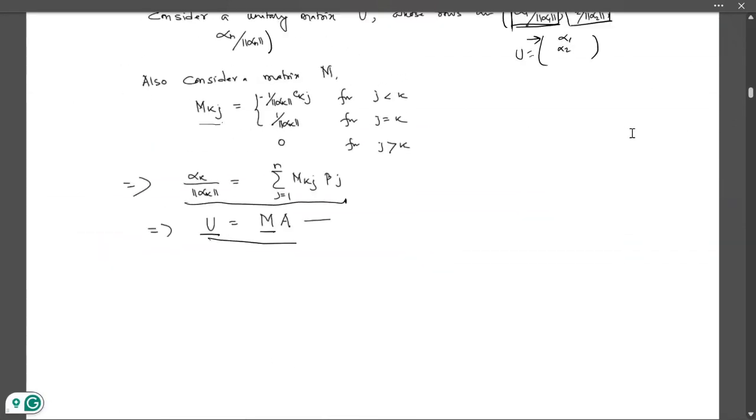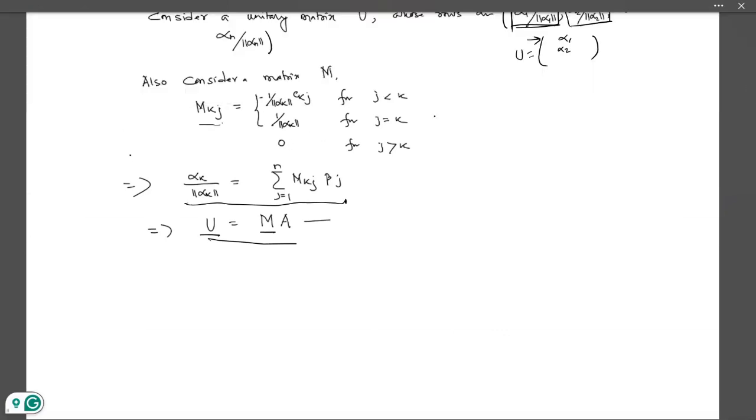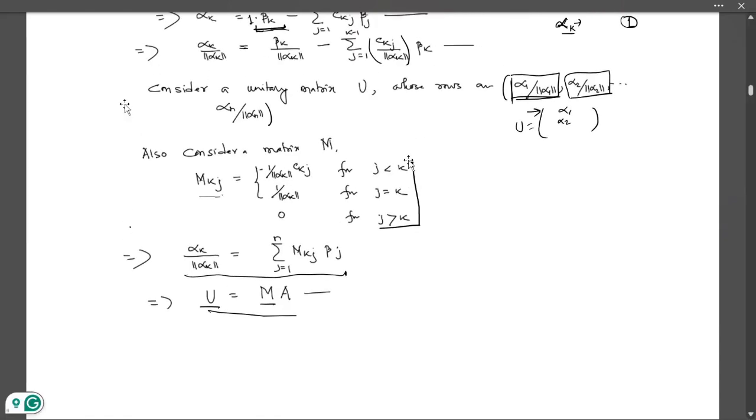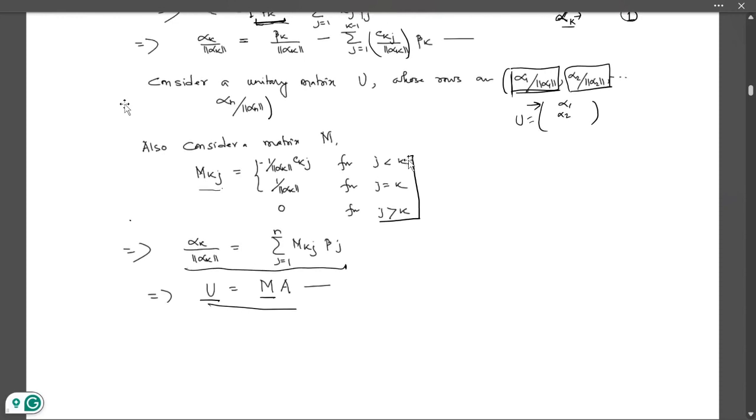I copied a related question from the class. To write M, we should use this. This is a lower triangular matrix or upper triangular. When k is equal to j, it is this.